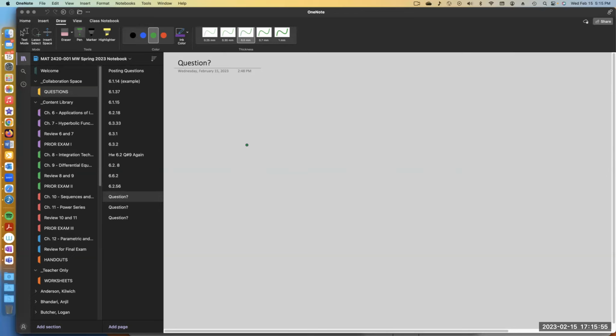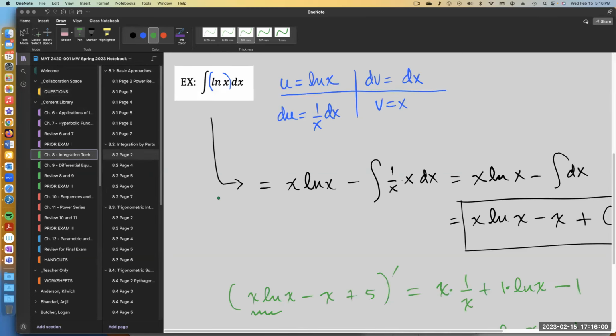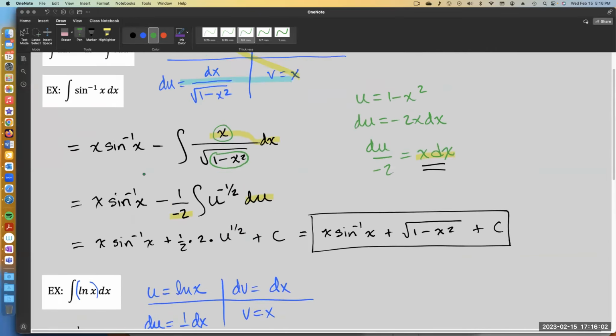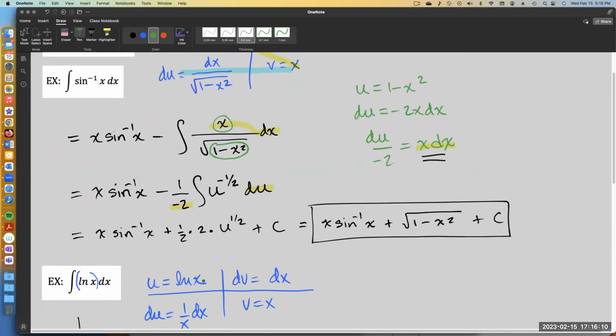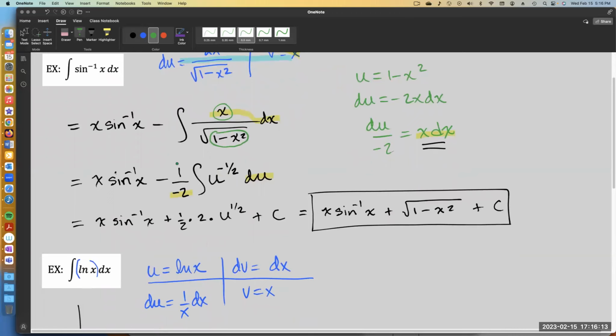I have a quick question. Yeah, go for it. Could you go back to the example with the inverse sine? Where did the 2 come from, like 1/2 times 2 times u to the 1/2? So this 1/2 out in front, that is this. And then when we integrate here, we add 1 to the exponent and divide by the new exponent. So when we add 1 to -1/2, we get +1/2 divided by 1/2.